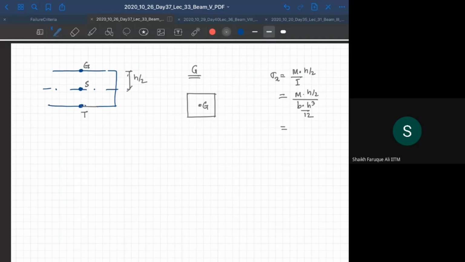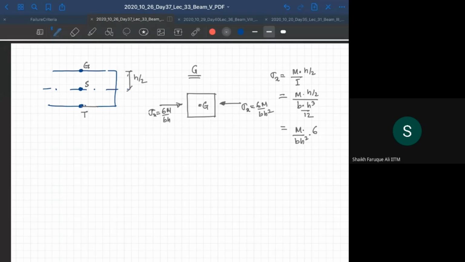M into h, and h will cancel, b h square here, and 1 by 6, into 6, so 6M by b h square. It's going to be compressive in the top. So sigma x equal to 6M by b h square. Same thing here, sigma x equal to 6M by b h square.